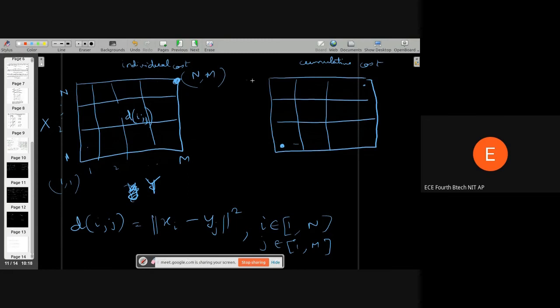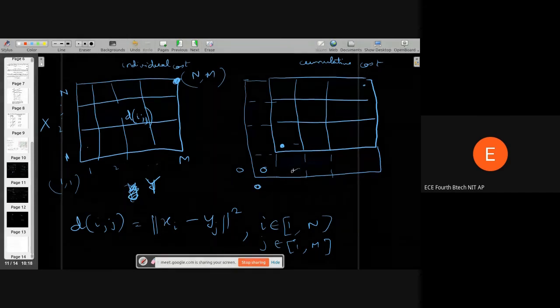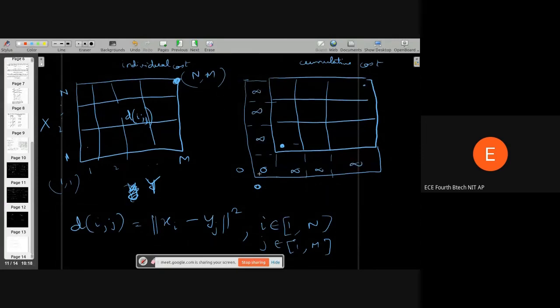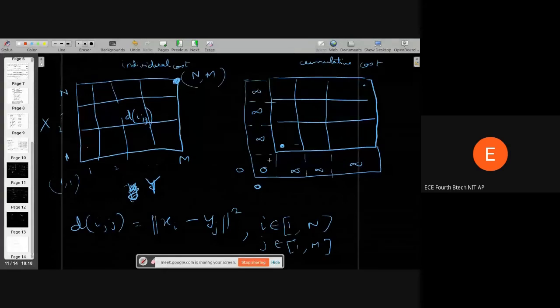But in making the algorithm, when you write the algorithm in code, people code it like this. They put, see here 1 to m, they put another 0. They append one row and one column, and they put all this as infinity. Only this portion they give a cumulative cost as 0.